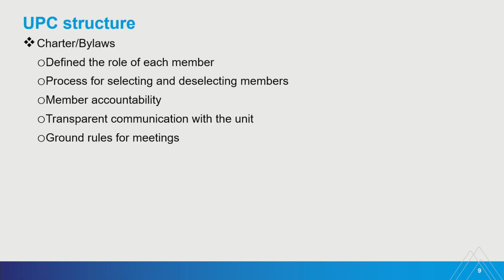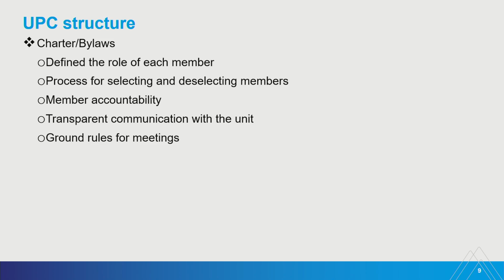We also created some bylaws for standardization, and this is extremely important for accountability and sustainability. We realized early on that in order for this UPC to continue, we needed to have some set of rules and guidelines for our current and future members.